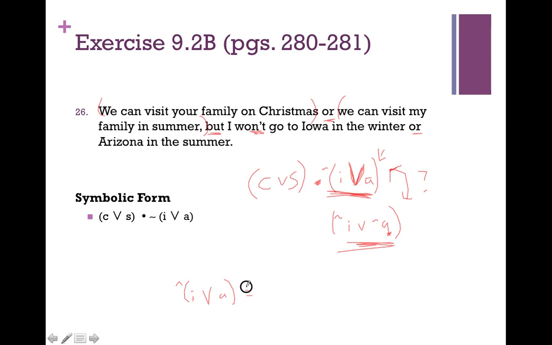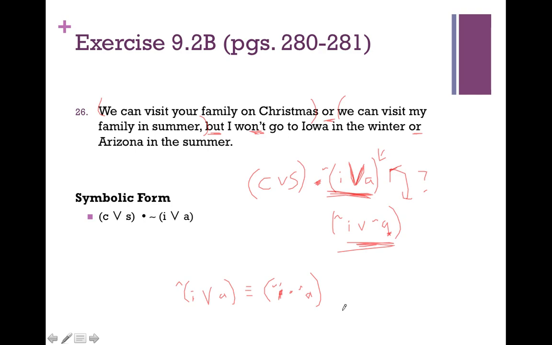Here we go, there's our biconditional, which means equivalent. That is equivalent to saying the following, to saying not I, and we use our dot for that, not A. These propositions mean the exact same thing. Saying not Iowa or Arizona, you're saying not Iowa and not Arizona. And I think that's what you're saying here.